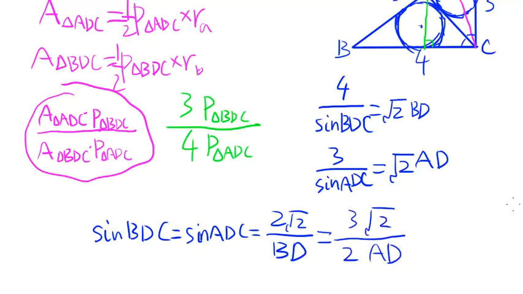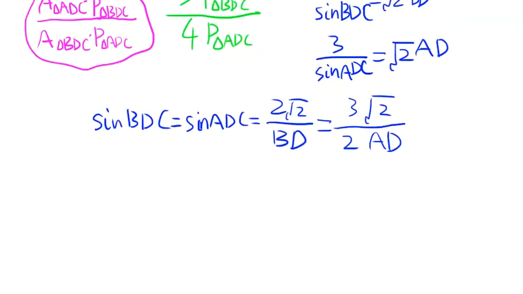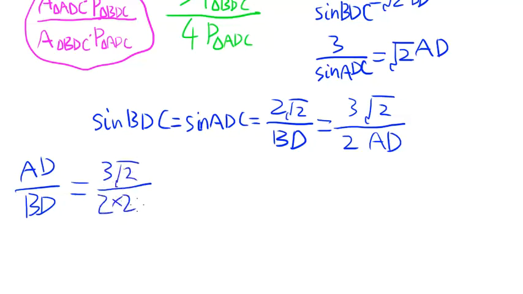So of course, what does that mean? Well, that means AD over BD is equal to 3 over 4.